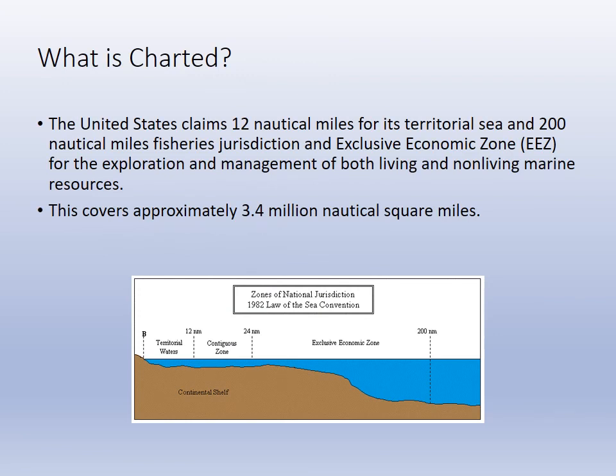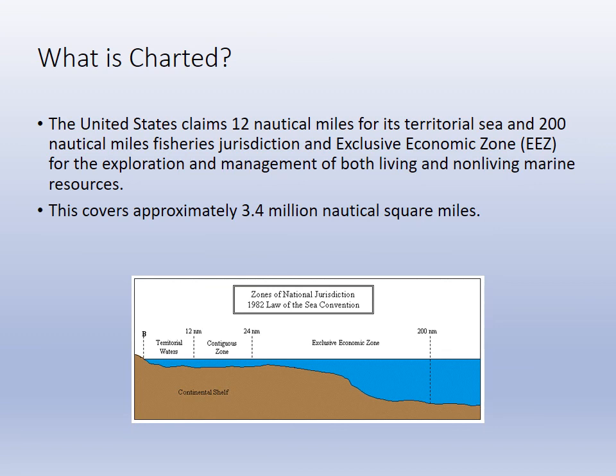The United States claims 12 nautical miles as its territory. Then 200 nautical miles is the exclusive economic zone, which means all the minerals or resources found in that 200 nautical mile distance belong to the United States or whatever nation you're looking at, but the sea itself is international waters.